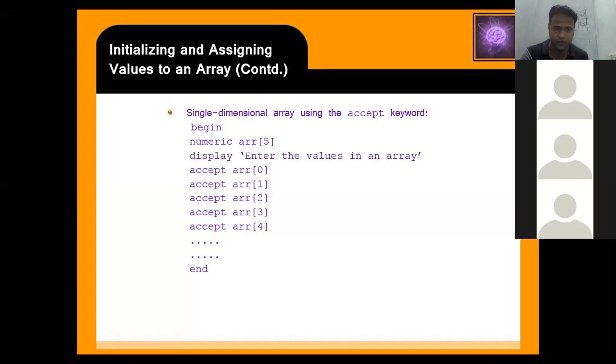Suppose your variable name is score, then you can initialize. Suppose the array size is 5, then you can define score 0 equals 24.